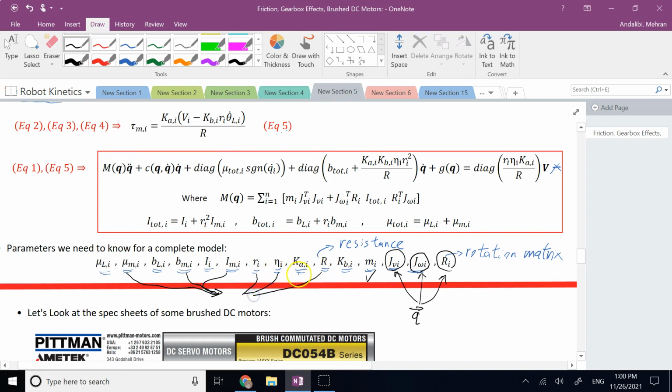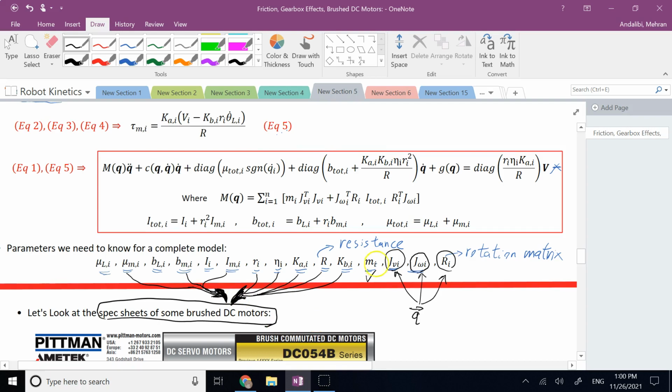Let me show you all of them. All of these 8 parameters come from the DC motor spec sheet. Or at least most of them do. Maybe the frictional terms are not easy, but most other parameters come from DC motor data sheets.